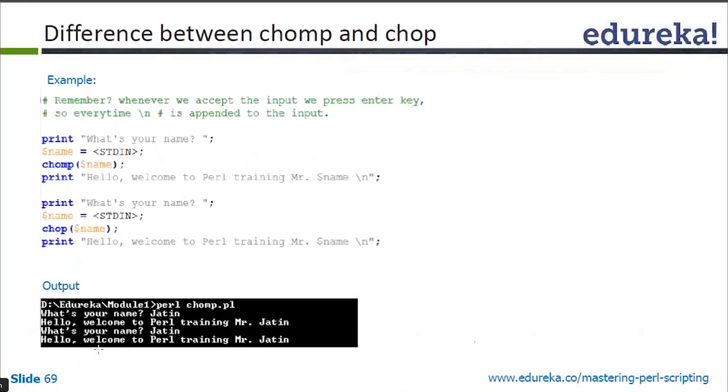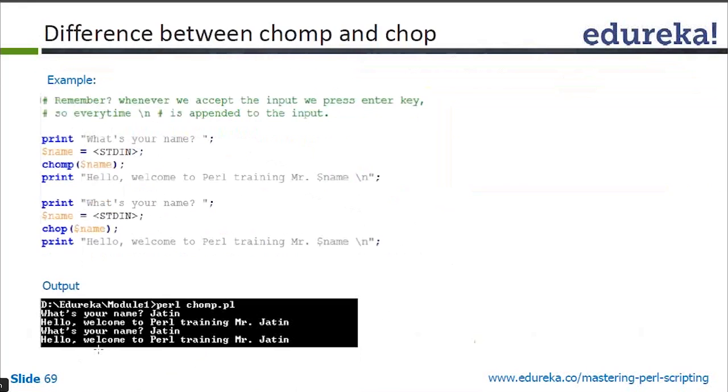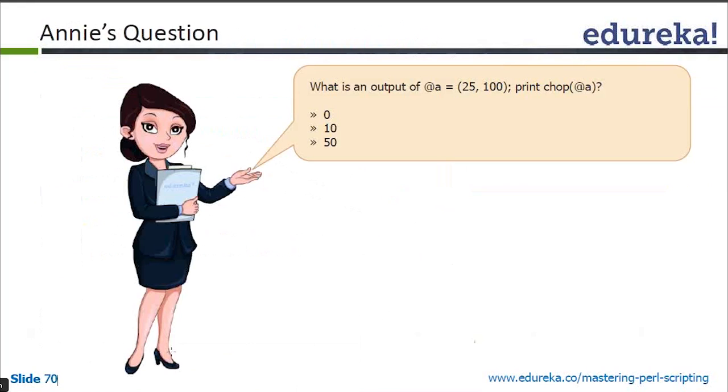When we do a chop, it removes the last character from the string. It removes the last character, doesn't matter if it's \n or something else. Chop returns the character it removed. So what character did we remove? We chopped an element. We want to remove the last character, so what should be removed?